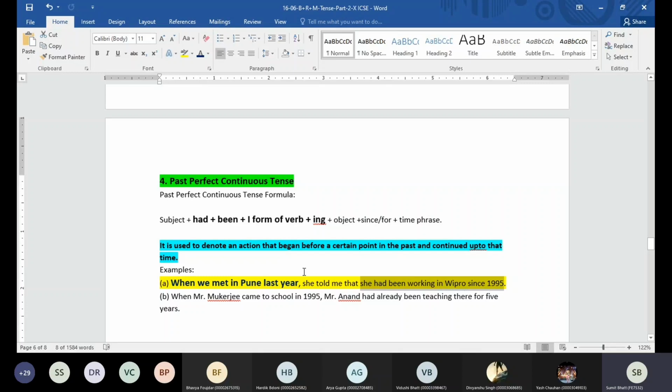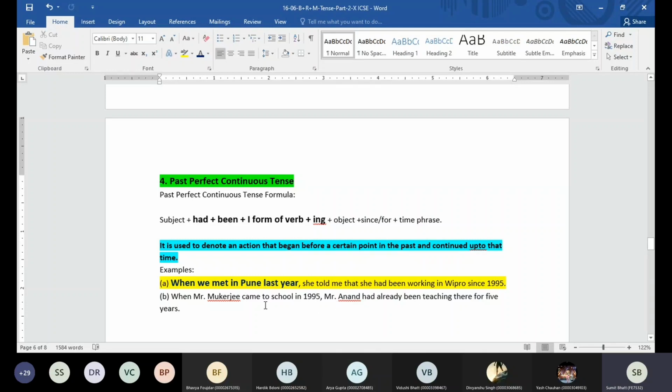That is also going to be fine. Even if you don't have this part, that is going to be fine, because when I say "she told me", that means we are referring to a time in the past. So here I'm going to say she had been working in Wipro since 1995, since 1995 till the day the sentence was made. When Mr. Mukherjee came to school in 1995, Mr. Anand had already been teaching there for 5 years.